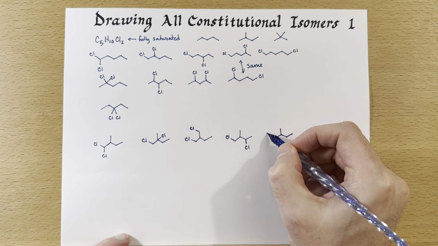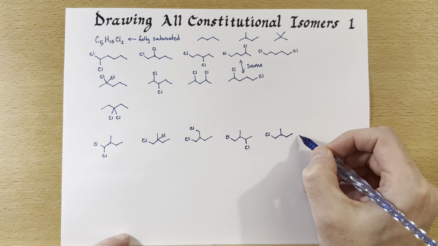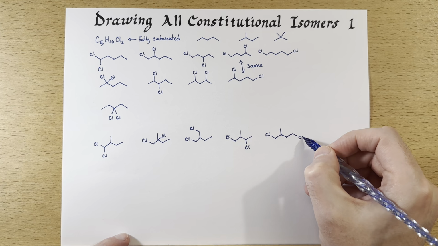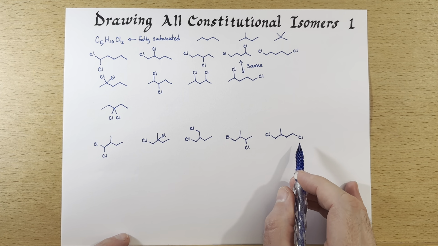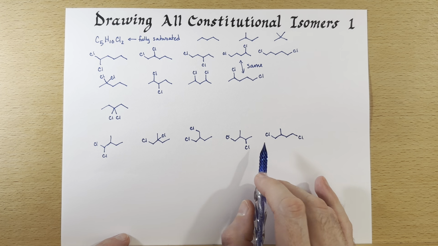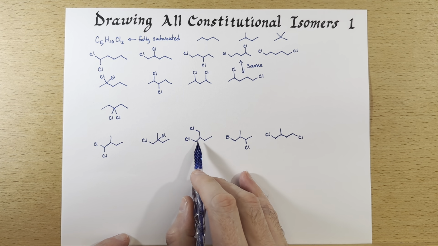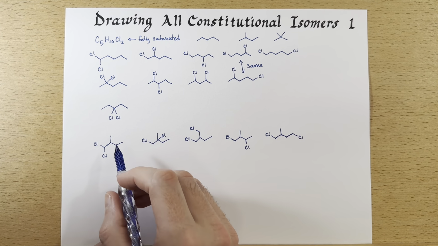And we can put it on the last one. So I think that's all of the isomers that include the chlorine on the first carbon.